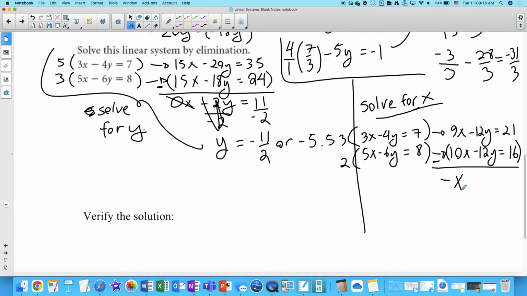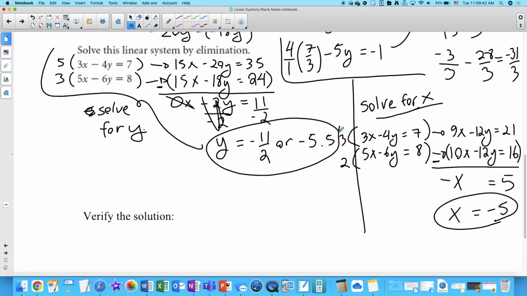Okay, 12y minus 12y becomes 0. And then 21 minus 16 is 5. Okay, so have I solved for x? No, negative x equals 5. What does positive x equal? Right. So there's my x, and here's my y.